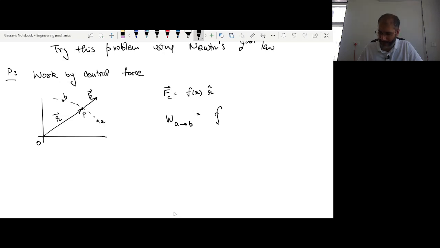So it's a line integral denoted by this C from A to B of the central force F dot displacement dr. This sign says that it is along a curve or a path that is defined, and this is called a line integral.